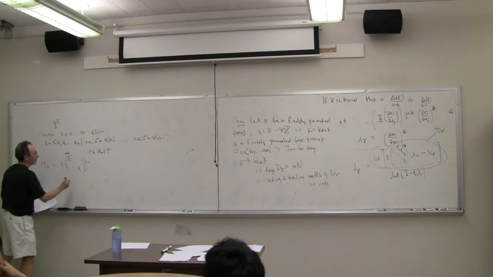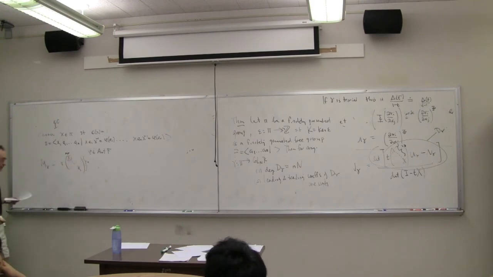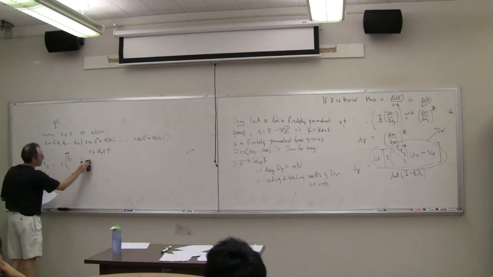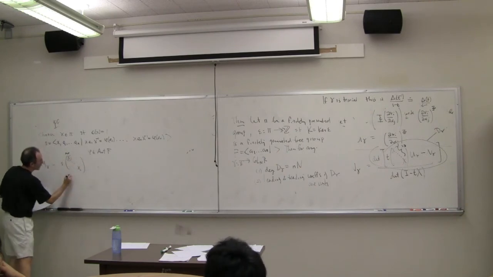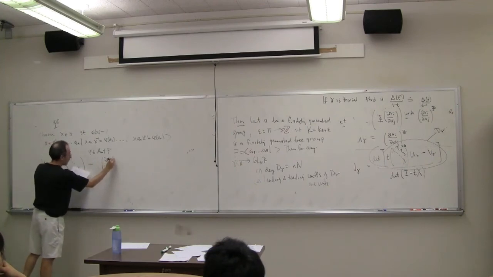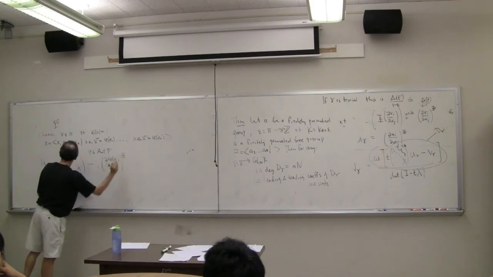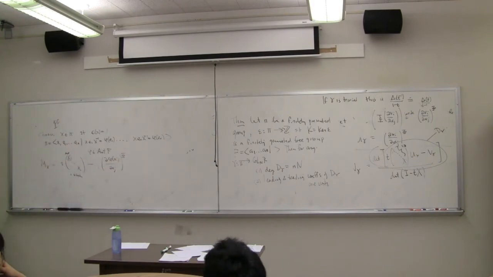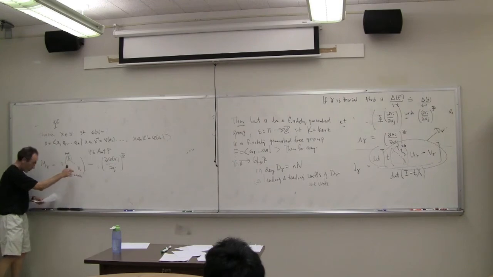This is little n by little n. Oh, sorry, there are n blocks. And over here we get evaluating. That's the situation we have. And as I said before, over a splitting field, this is upper triangular.